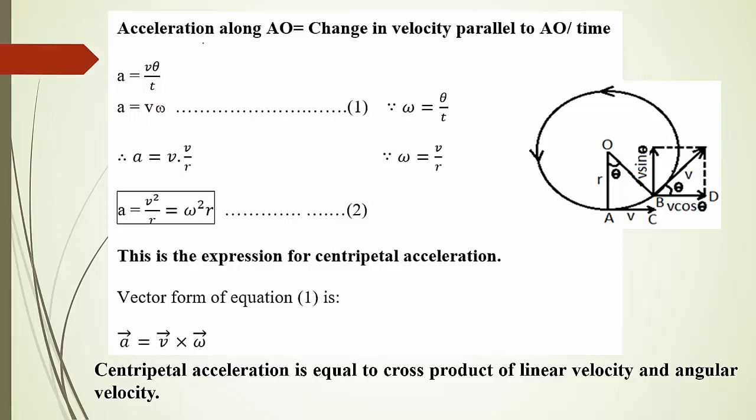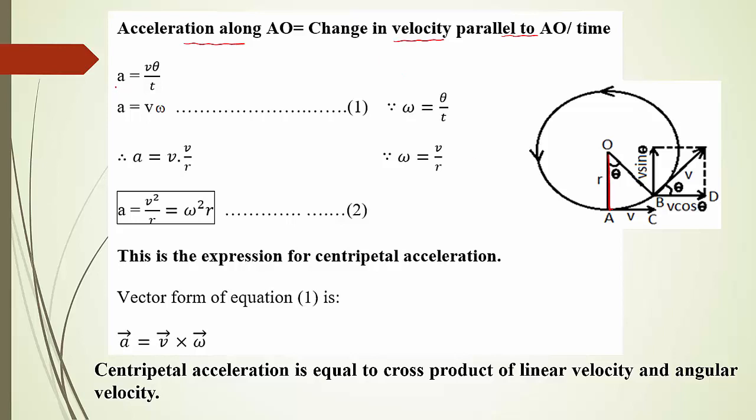Now we consider acceleration along AO, which is equal to the change in velocity parallel to AO divided by time. Right? Acceleration means the rate of change of velocity. Acceleration along AO means from this point A to O. So it is the change in velocity parallel to AO divided by time.